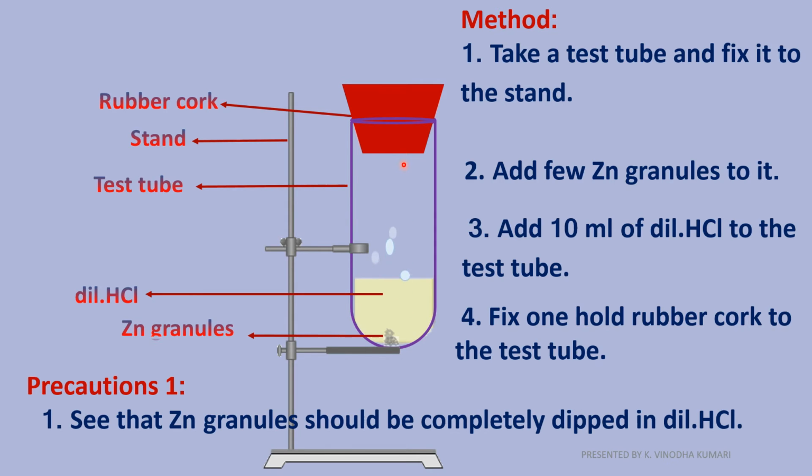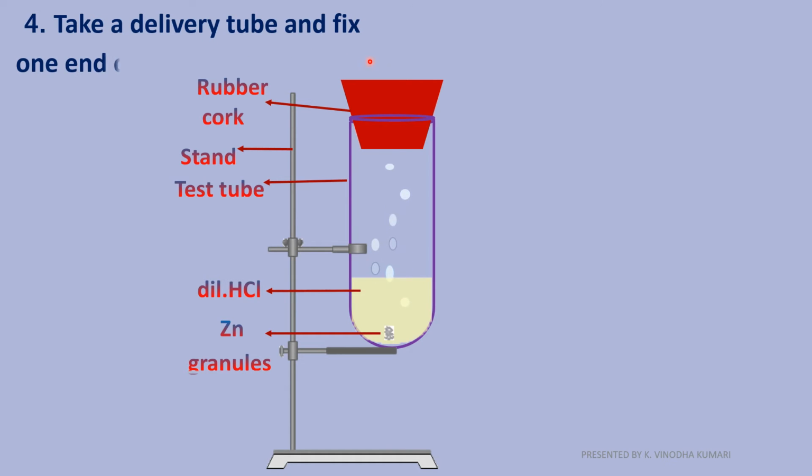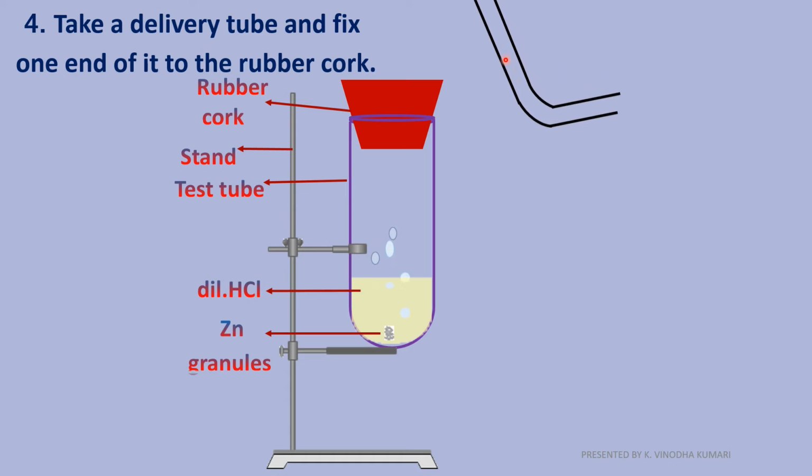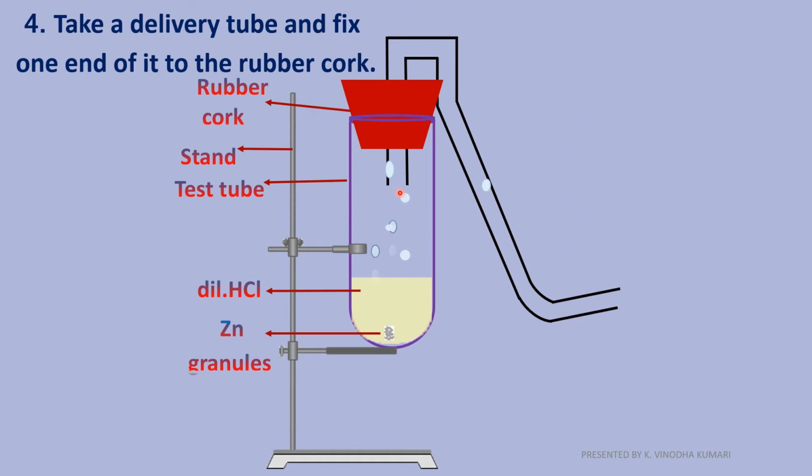Now we'll see in the next slide. Now we'll take a delivery tube and fix one end of the delivery tube to the rubber cork. So this is the delivery tube. It is having two ends, and one end of the delivery tube is fixed to the rubber cork.